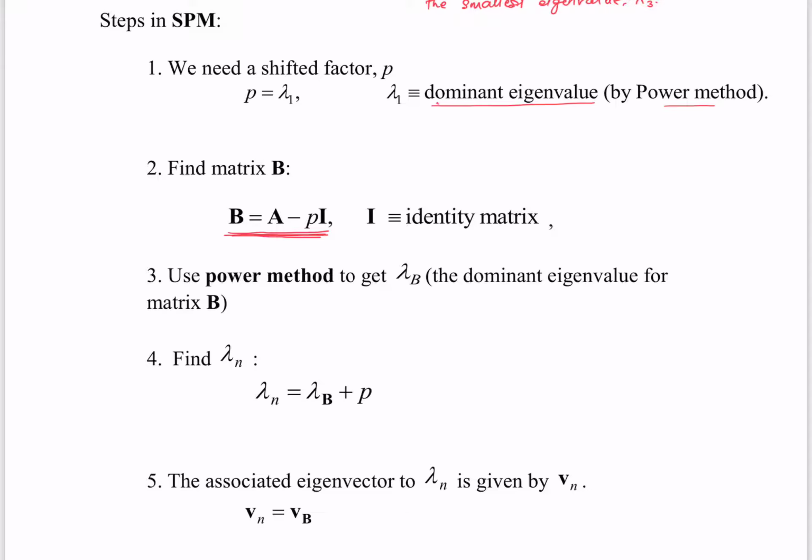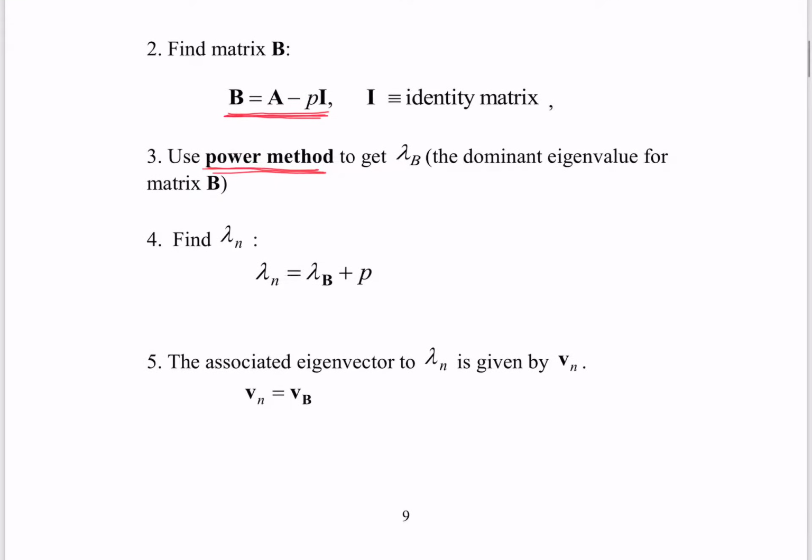Once we have the new matrix B, we find its dominant eigenvalue by using the power method that we discussed yesterday.